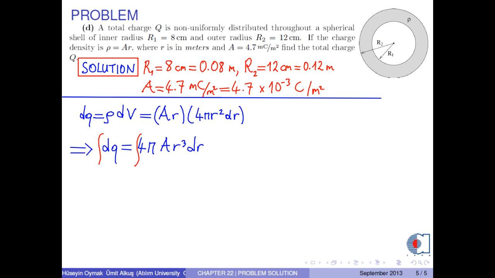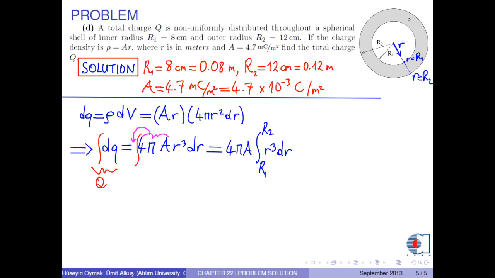Integral of dQ is the total charge. On the right hand side, since 4 pi A is constant, it can be taken outside the integral. Then we are left with 4 pi A times integral of R cubed. The integral limits are R1 and R2, since the charge starts at R1 and it is over at R2.